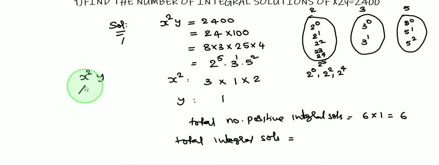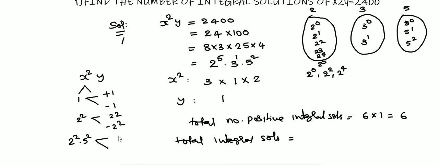So for each case of x, suppose when x is taken as 1, it can be taken as plus 1 or minus 1. If this is a 2 square, that can be plus 2 square or minus 2 square. If it is 2 square into 5 square, again the same way, the corresponding values, right?